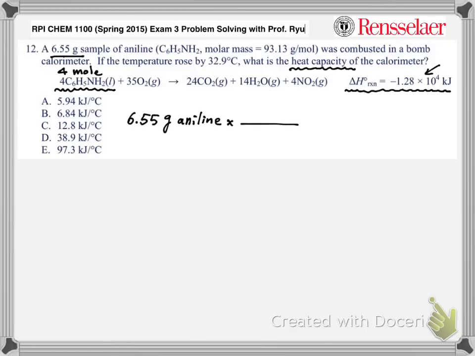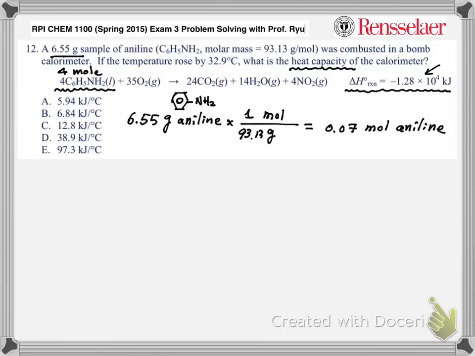I want to convert grams of aniline into moles of aniline. 1 mole will weigh 93.13, so that will give me 0.07 mole of aniline. Just in case you wonder what the aniline structure looks like, it is a benzene with an NH2 amine group here.